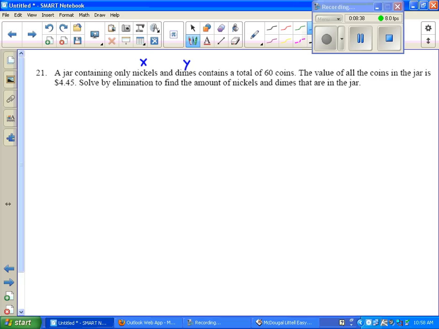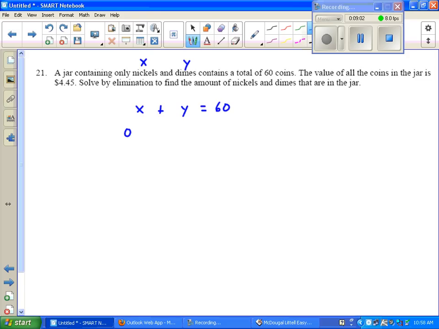We don't know how much each one there is. So the amount of nickels plus the amount of dimes, we don't know either one of them, equals, there's 60 of them total. So equals 60. The other equation, we need to use their value. So we know a nickel is 5 cents.